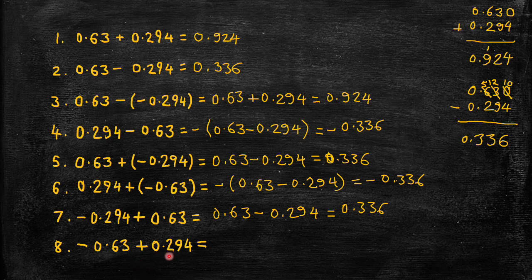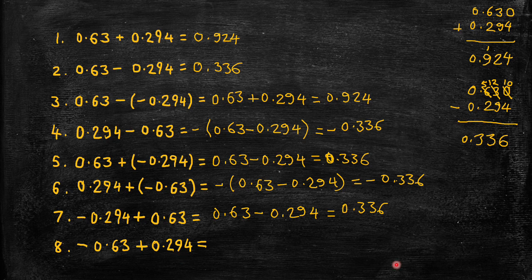Similar to number 7, we're adding a positive decimal to a negative decimal. We solved number 7 by switching them around and viewing it as a subtraction problem. But then we're going to bump into the issue that we're trying to subtract a larger number from a smaller number. And we've already solved that problem.